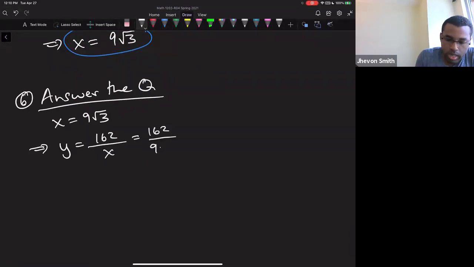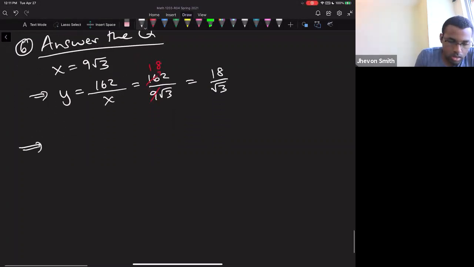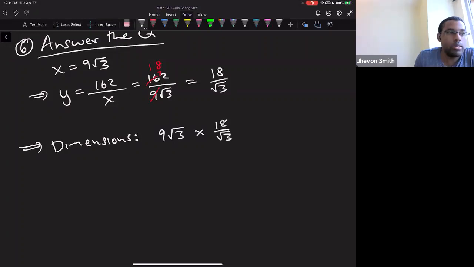It's 162 over 9 rad 3. 9 goes into 16 1 time, remainder is 7, and goes into 72 8 times. 18 over rad 3. So you get dimensions 9 rad 3 by 18 over rad 3.